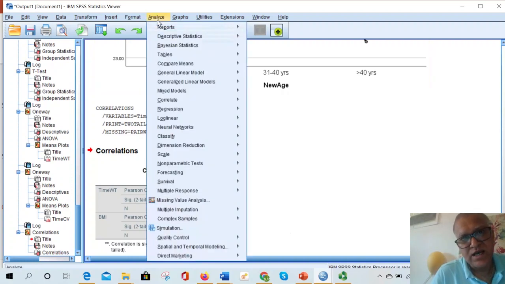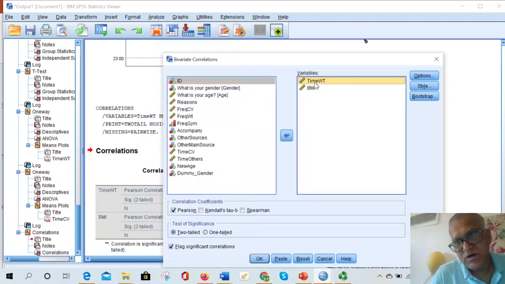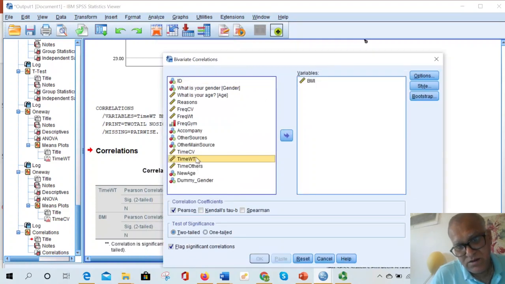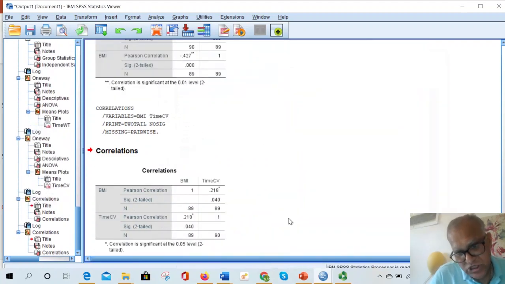So let's work this again. Correlate, bivariate. Let's work on BMI with time spent on cardiovascular activities. This time, let's see the relationship. We're getting a positive relationship, but significance 0.04. First, always check significance. Don't claim on the correlation coefficient before you look at the significance value.